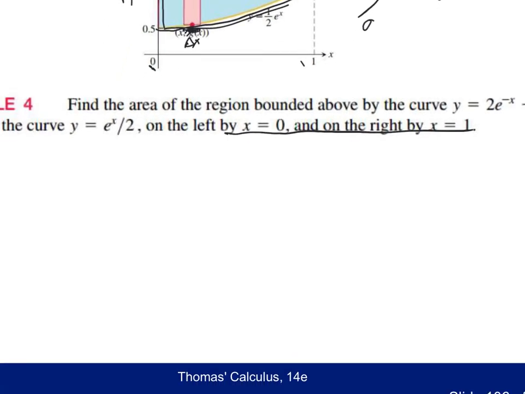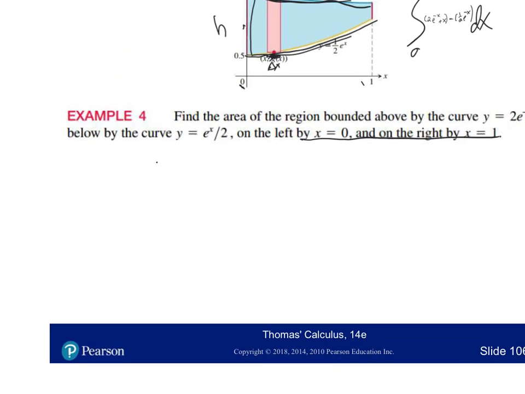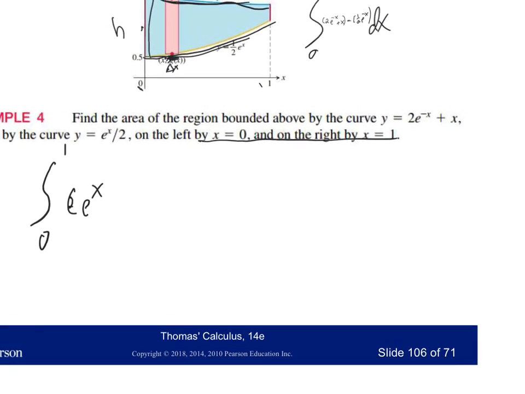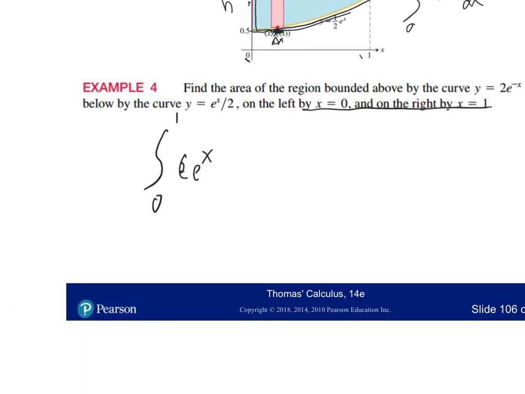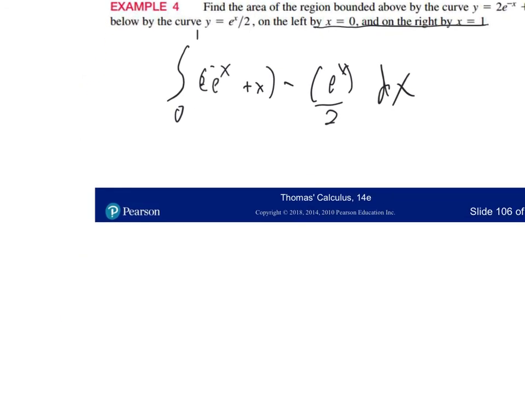So let's do the work. I'm going to rewrite it here, integrating from 0 to 1. The top function was 2e to the negative x plus x, minus e to the x over 2, dx. Let's try to clean this up a little bit.